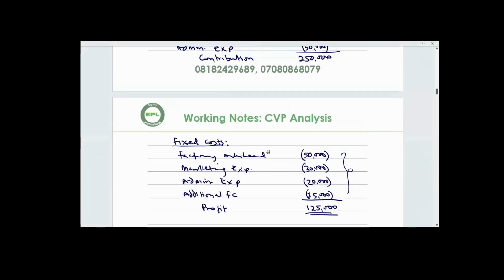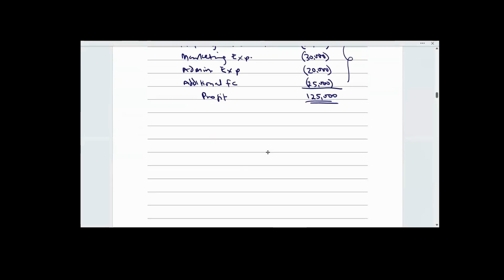That's why we went ahead and did this. So after this, I need to determine my contribution margin. I will then say calculating profit volume ratio.